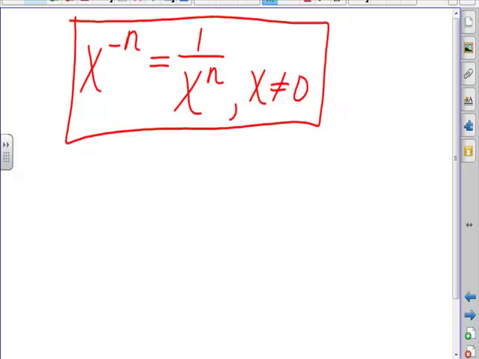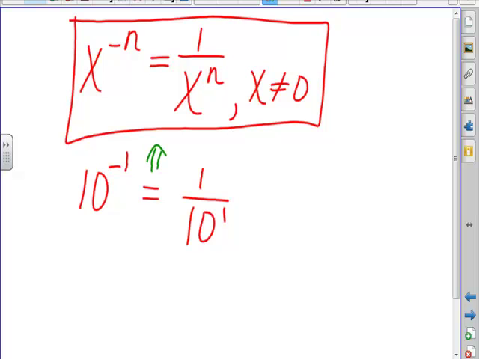Now, the language that I often use, though, to discuss this would be to say something like this. Say I have 10 to the negative 1. Because we really don't want to walk away from problems now that we're talking about negative exponents without making our exponents positive. So 10 to the negative 1 then has got to be equal to 1 over 10 to the 1, which is using what we see right up above here.